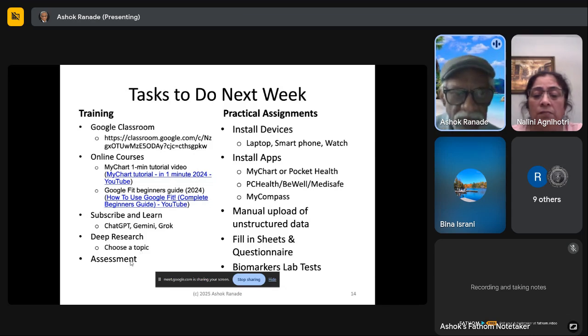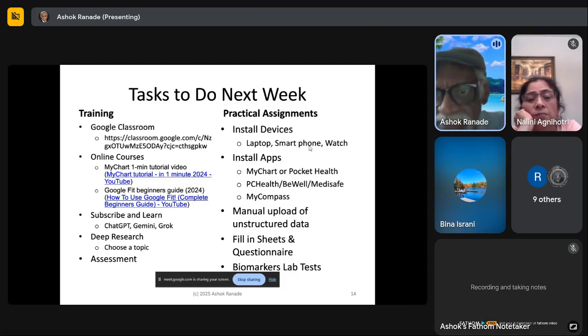Okay, so this is the training part of it. On the practical assignments, of course, all your devices must be set up. I suppose most of you are able to install all these devices. If not, let us know and we can work with you if there is any issue.